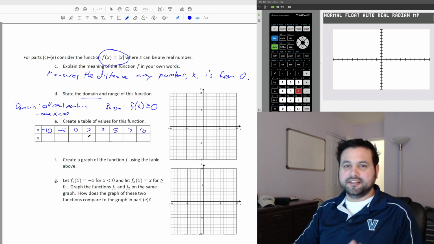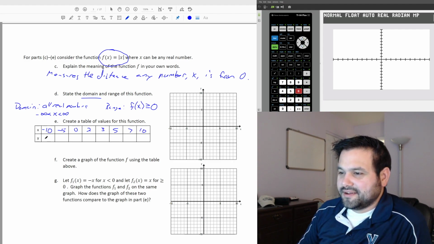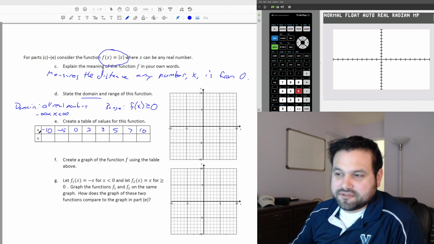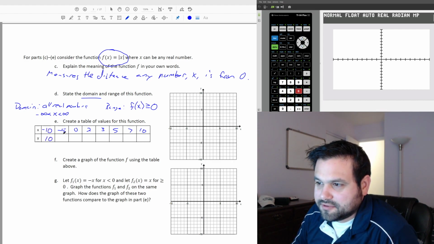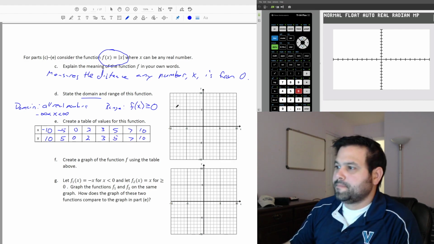Okay, I could have balanced that a little bit better, but oh well. The y values are the outputs. So what's the absolute value of these inputs? The absolute value of negative 10 is 10. Absolute value of negative 5 is 5. 0, 2, 3, right? It's just all positive values, or 0.